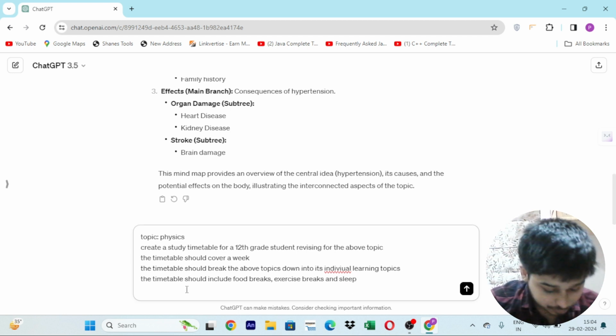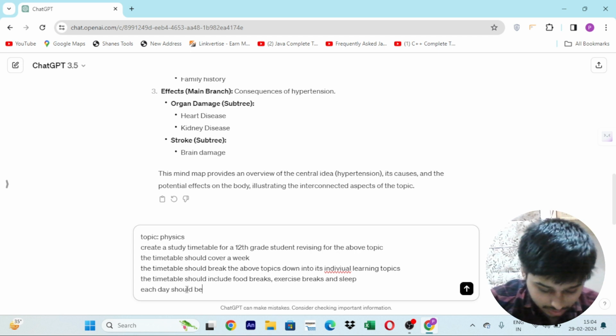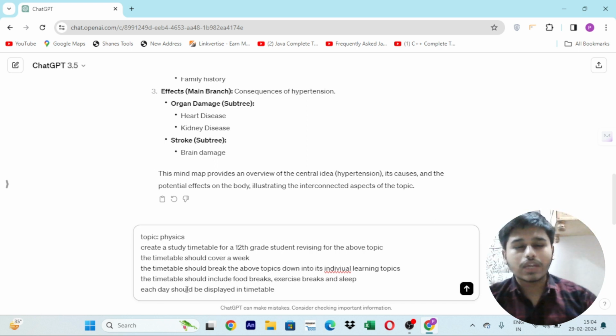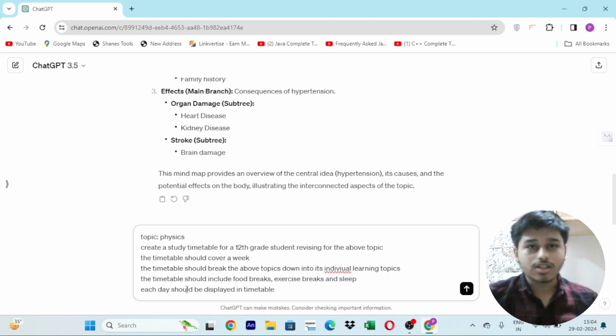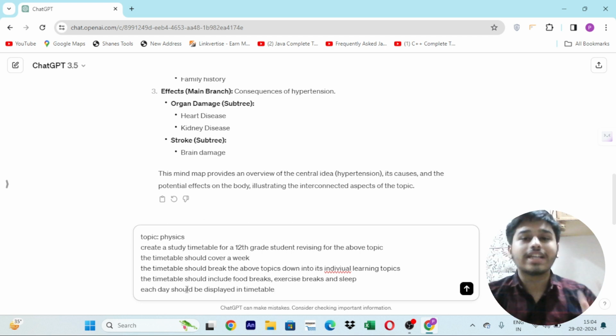And the final one, each day should be displayed in the timetable. Okay, I have given ChatGPT the complete idea that my timetable should be like this. Now when I click enter, ChatGPT will generate me a perfect and accurate timetable.